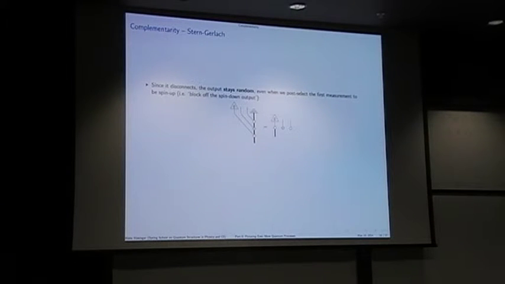Right? So this is the normal Stern-Gerlach setup, where I block off my spin down on my first device. So I should only be getting spin ups out, so I should get spin up out of my third measurement. But this shows that it's still uniformly random. Like, ooh, weird quantum stuff happening. But it follows immediately from this diagrammatic rule.